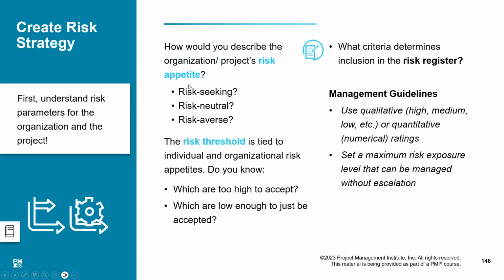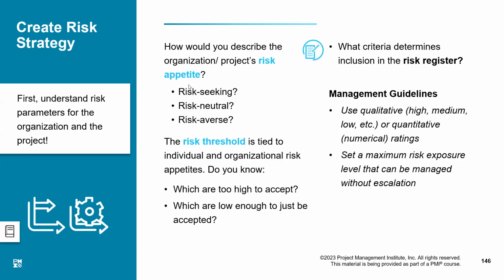Okay, before we can develop a risk management plan, we must have a risk strategy, which is given to us by our organization. Just like the quality policy coming from the organization, which we must follow, similarly there is a risk strategy, there is a procurement policy.